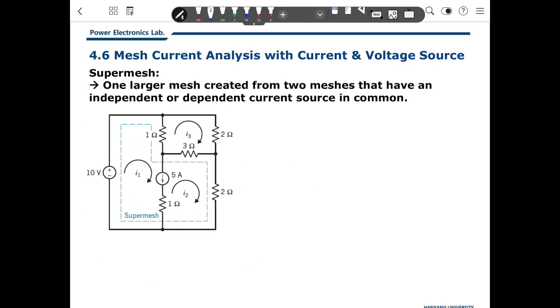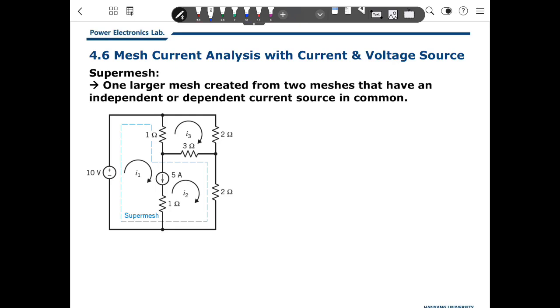We have been using the super mesh. In the case of node analysis, when a node has a voltage source, we should use a super node. That is a very simple way to get the equations between two node voltages.